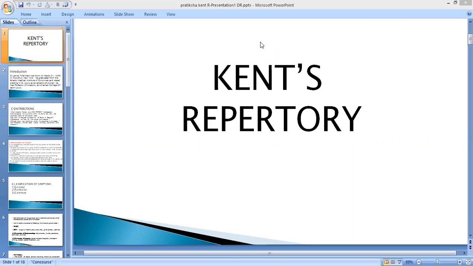This generalities chapter consists of general symptoms irrespective of anatomical location, and also contains general modalities. Most of the general symptoms and general modalities are found in this generalities section, which is the last section in this repertory.